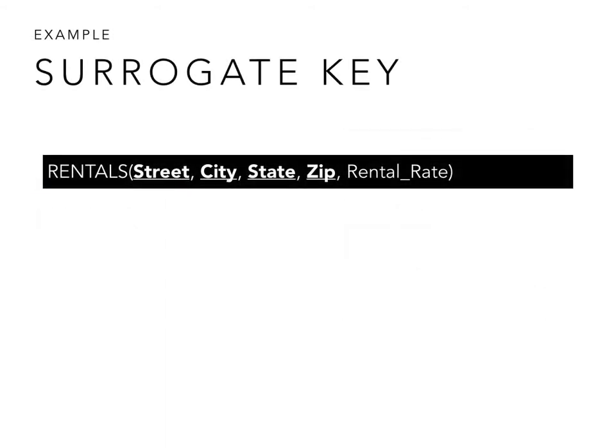Here's an example. If we have this table Rentals, then we have to have the street, city, state, and zip to be our primary key to uniquely identify the rows in this relation. And you see the only thing that's not in the key is the rate for that property. In this case, that's a lot of information that we'd have to search when we're trying to do unique ID lookups in our database.